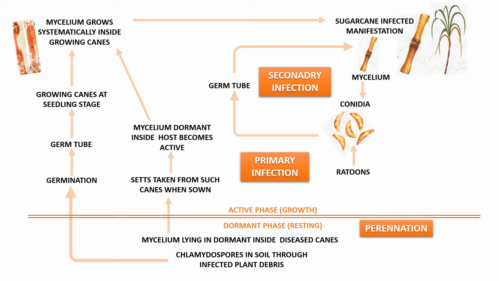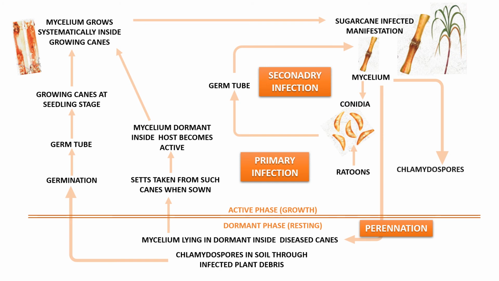They get detached and are dispersed through the agency of wind, water, and insects. On reaching the surface of healthy sugarcane plants, they germinate immediately in the moisture retained in the enclosing sheaths. Penetration in the host takes place at the nodes through the wounds left by tearing of leaves caused by insects. Now after the season of the sugarcane gets over, the mycelium remains dormant inside the diseased plant and enters the dormant phase of the disease cycle.